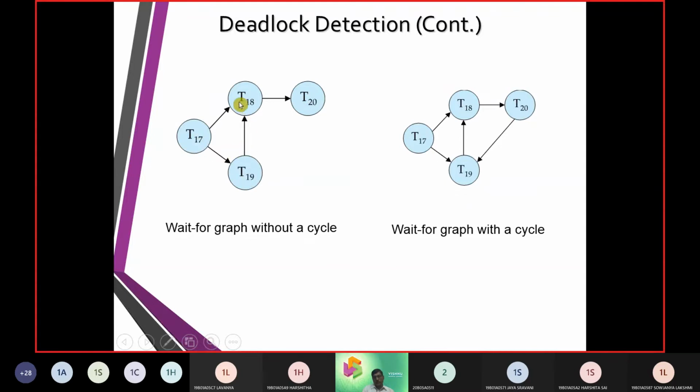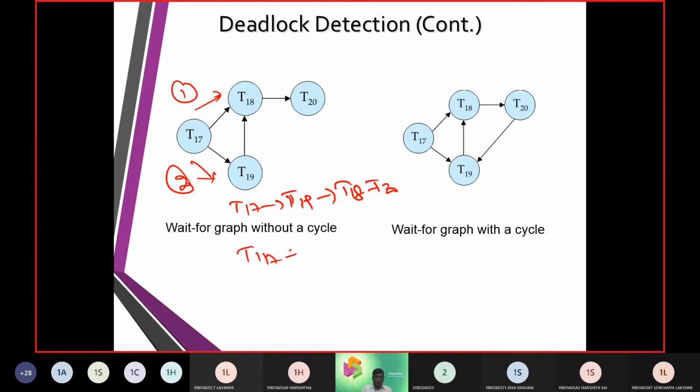So if I see that T18 has to move up, there is direction 1 and direction 2, right? So I have the paths T17, T19, T18 and T20. The other path was T17, T18, T20. So we are making it without a cycle.